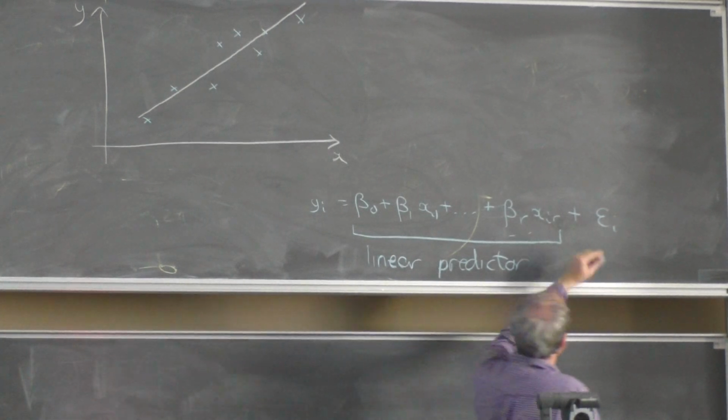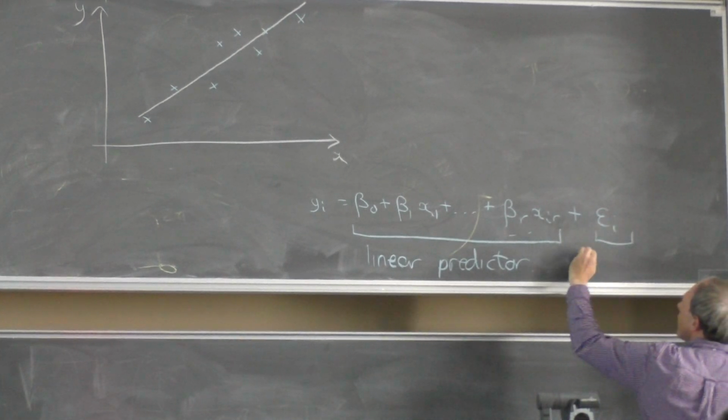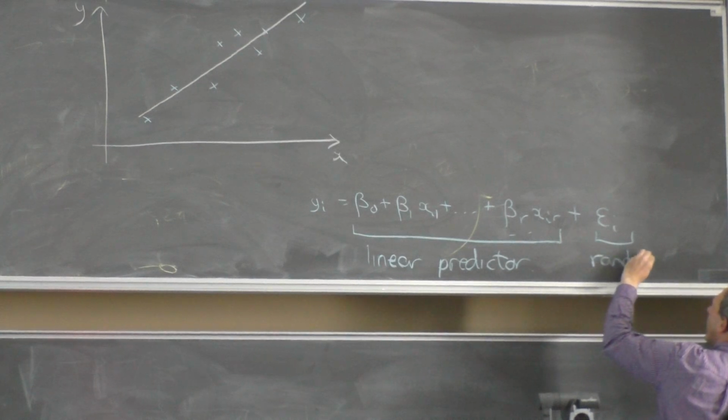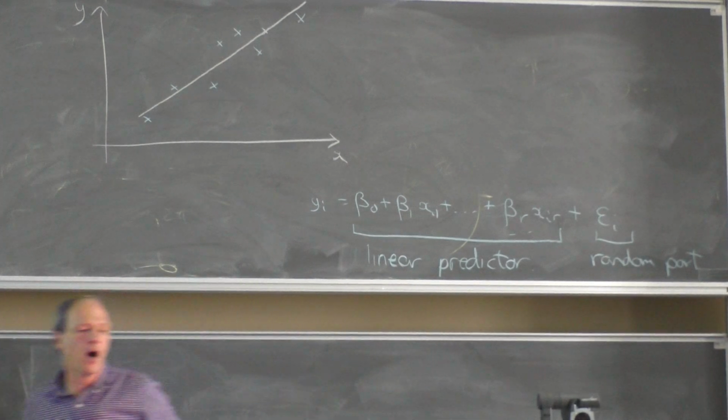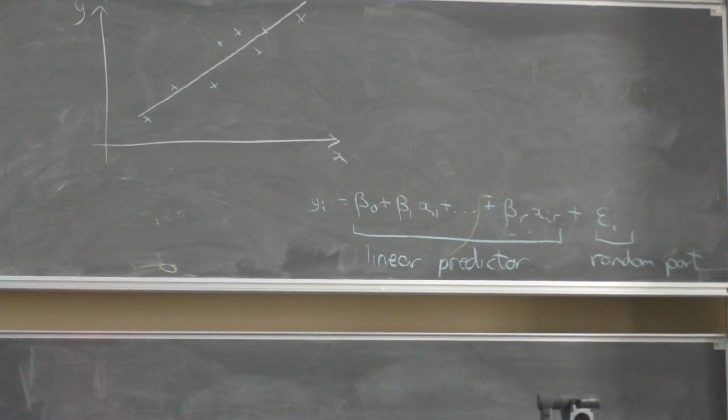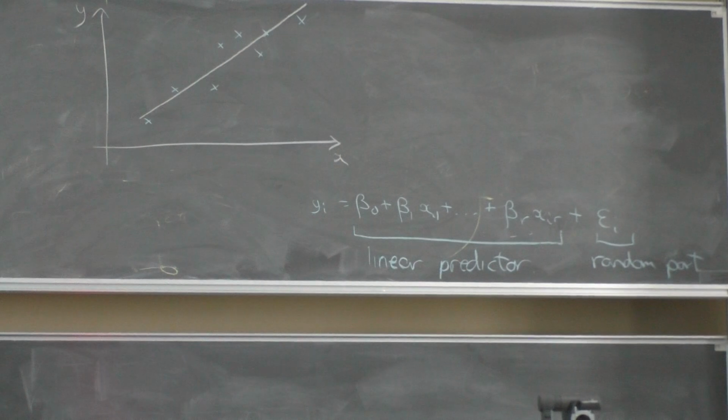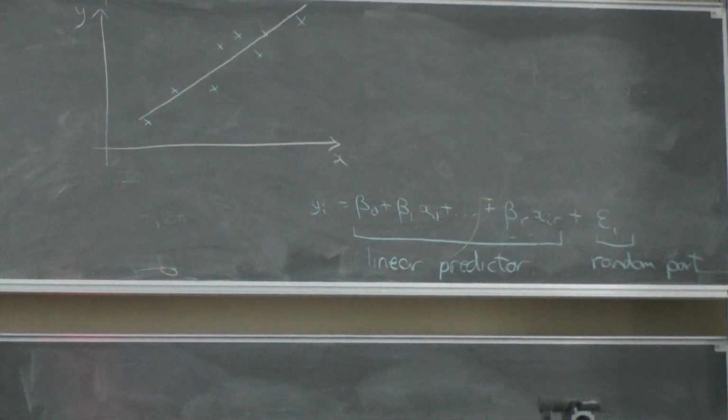And then you have the epsilon i. So I would think of this as being the random part. So this is the part that the explanatory variables do not predict. Okay?